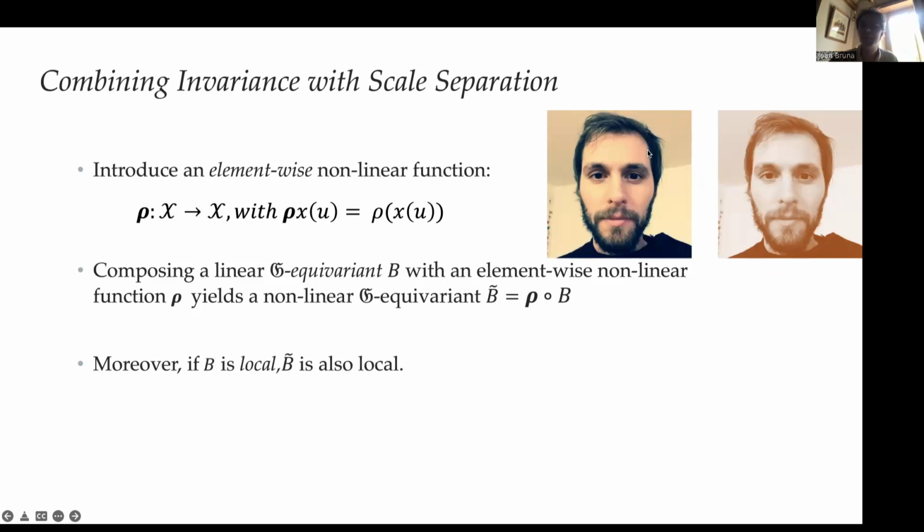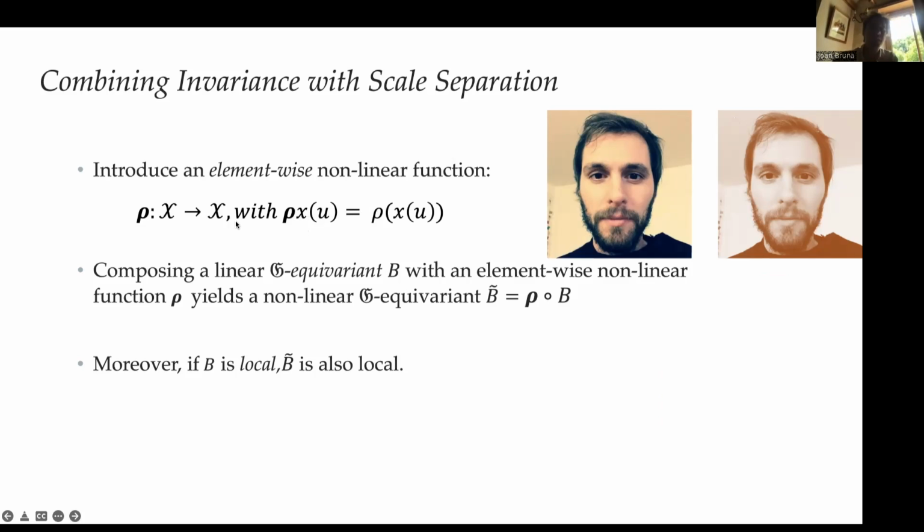Here's an example to illustrate what I mean. Think about an operator that changes the color of each pixel. This transformation can be nonlinear, can be anything you want, but it's a transformation that looks at pixels one by one and applies the same mapping pixel after pixel. It doesn't depend on the ensemble of pixels at the same time.